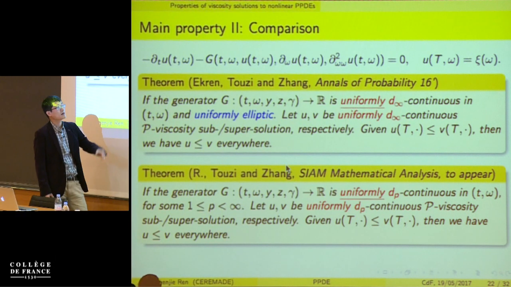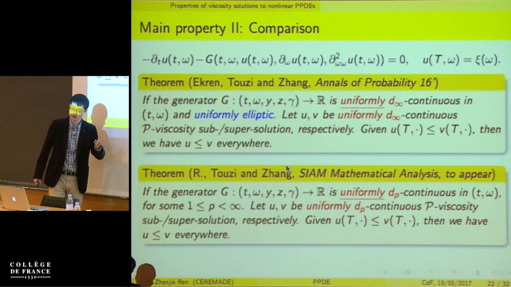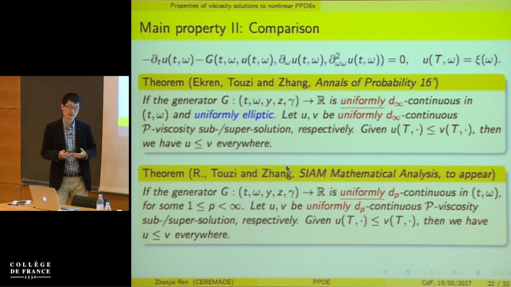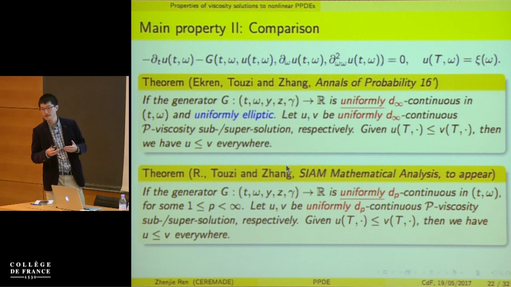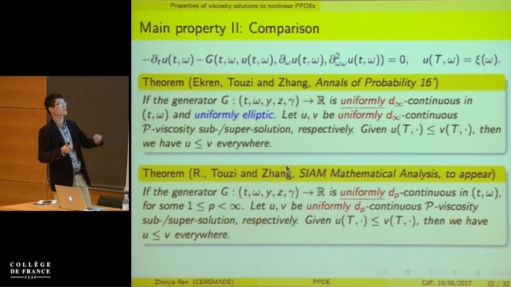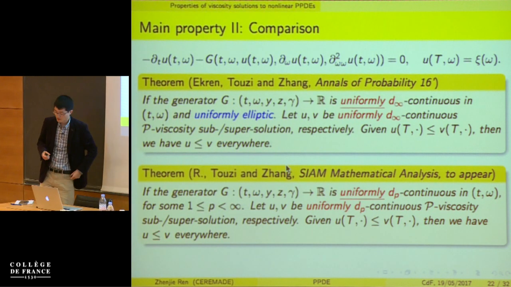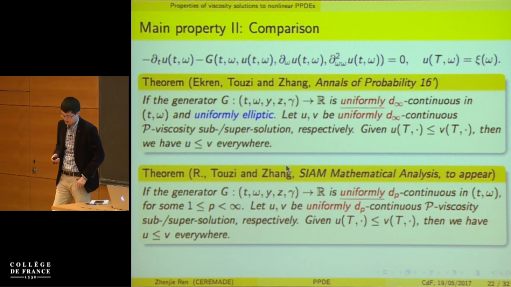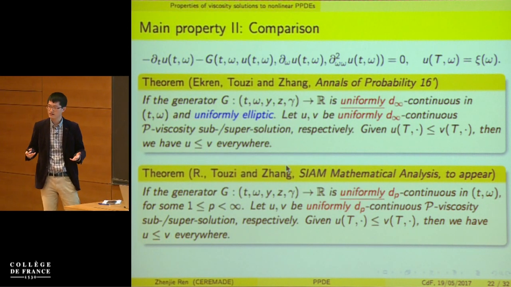And we only compare those sub and super solutions which are dp uniformly continuous. So we are comparing fewer sub and super solutions. In this sense, the result is a little bit weaker, but of course we removed the uniform elliptic condition, so in that sense it becomes better.